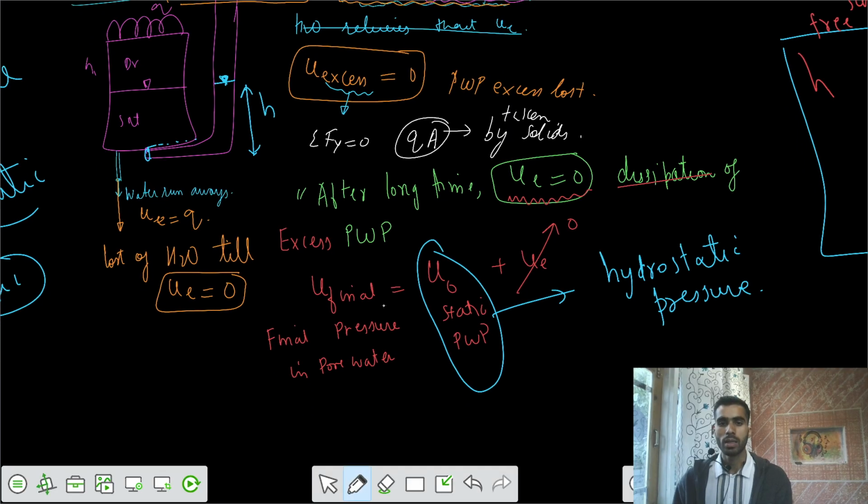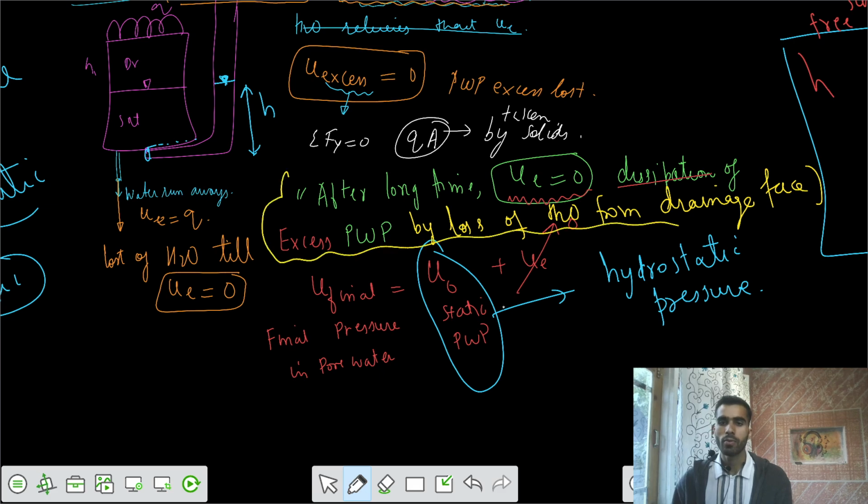So we can write here: there's dissipation of excess pore water pressure by releasing the water, by loss of water from the drainage phase. This is the statement for the final case: after a long time, your excess pore water pressure becomes zero.